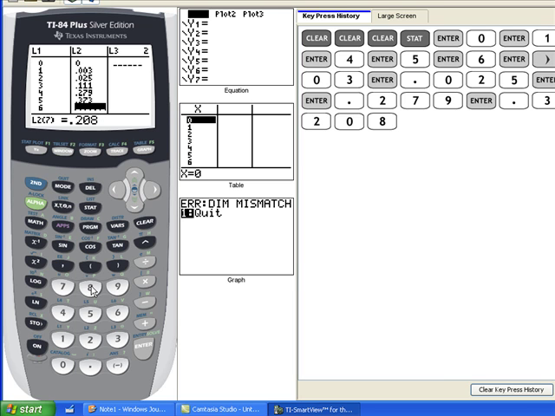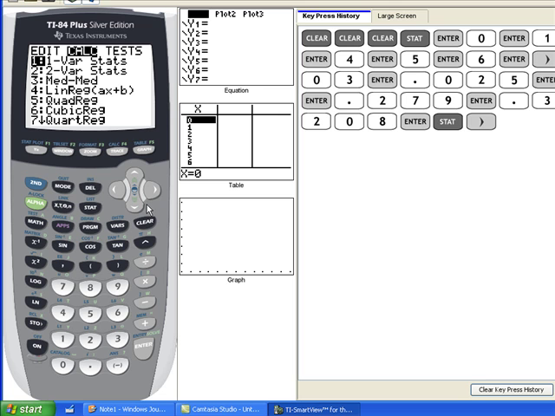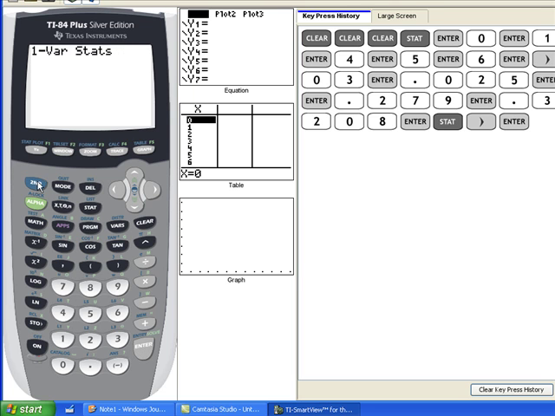Alright, so now we want to go to stat and calc, and we're going to do one variable stats because we're only working with an x. So I'm going to enter there. And I want to put in L1, comma, L2. So I want to make sure again that it's using the first two columns. Okay, so what do we come up with for our mean? And this is actually our mu in this case.